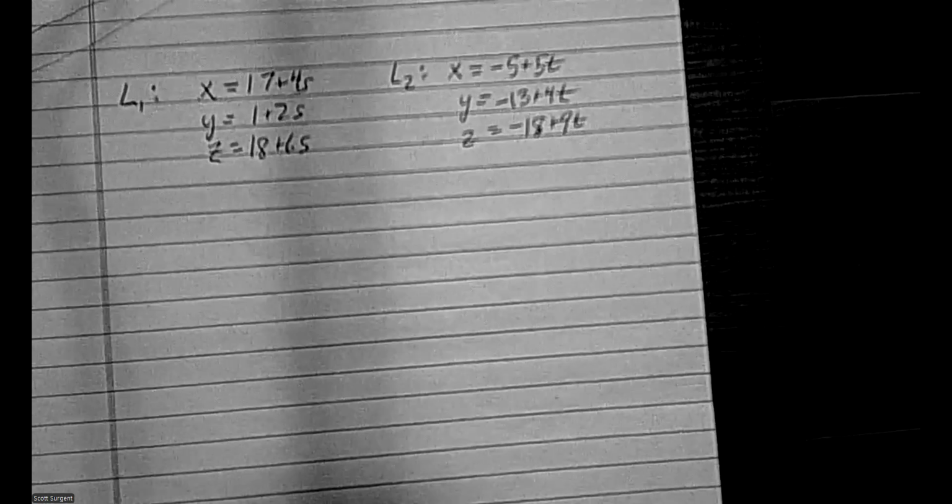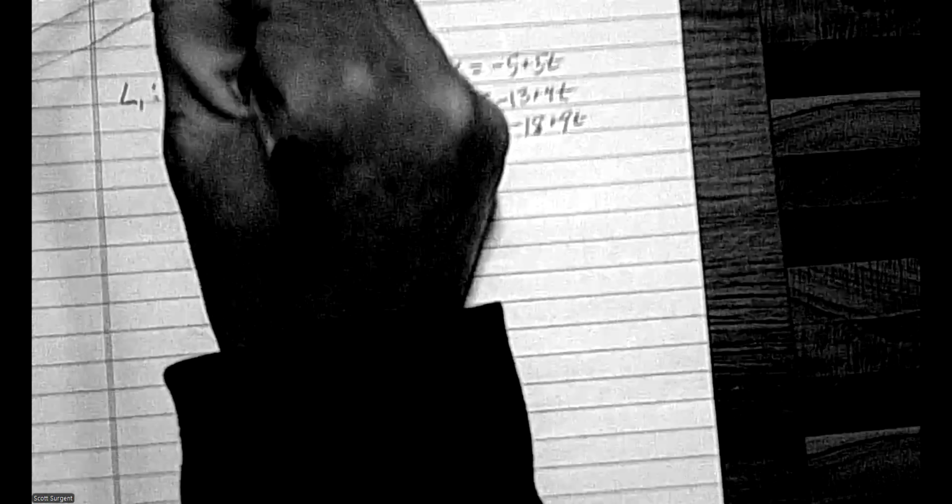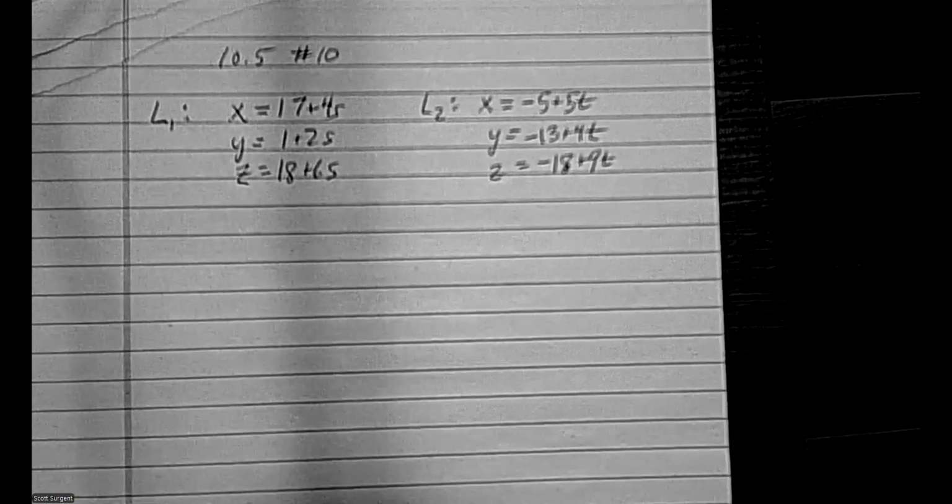All right, so this is 10.5, number 10. You have two lines, and you need to show if they're parallel, skew, or if they intersect. Well, the parallel case is easy.